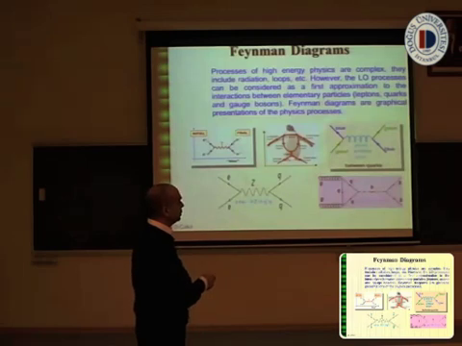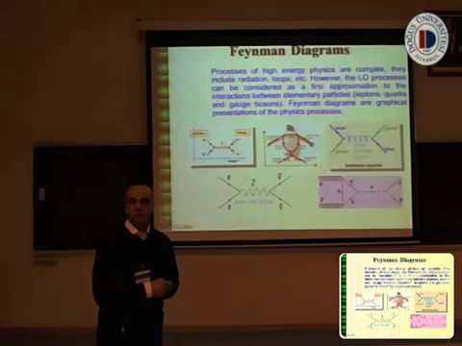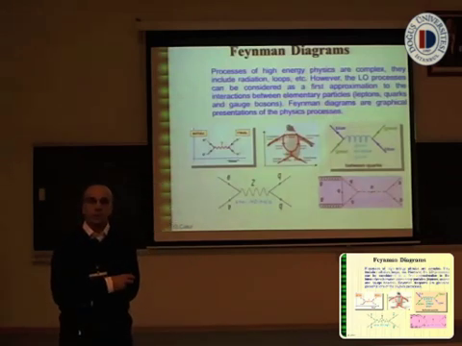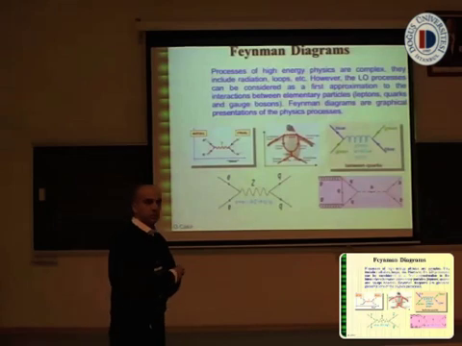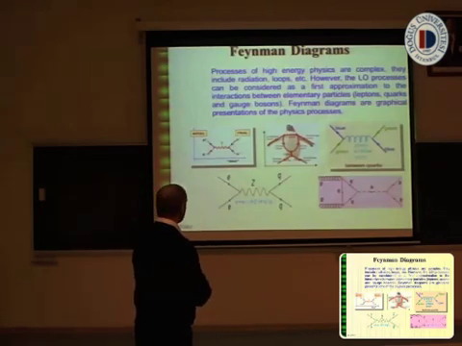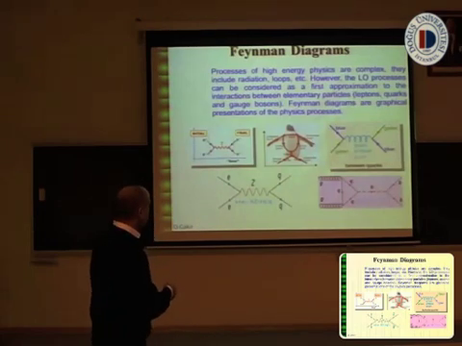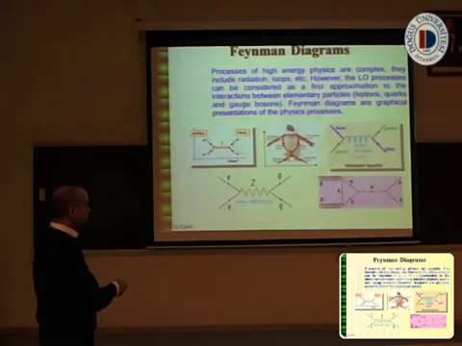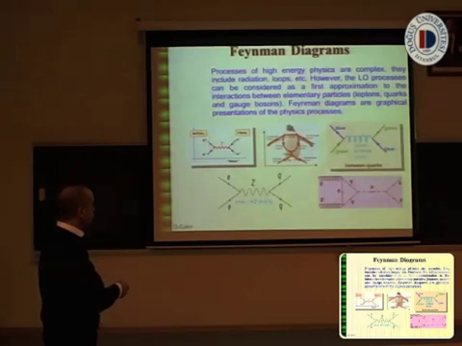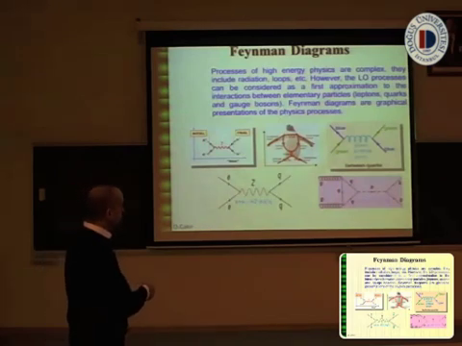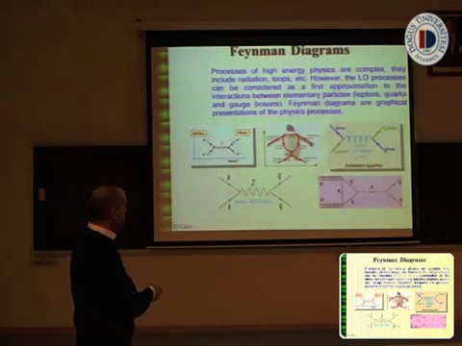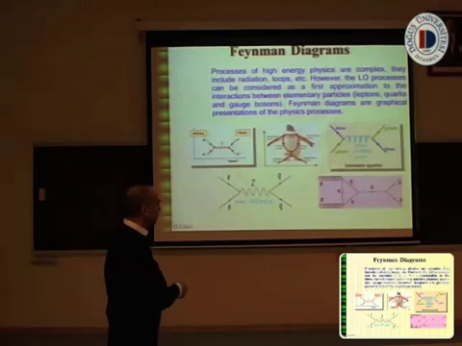So in the initial state we have a color state, and in the final state we also have the same color state. In this process, which is a neutral current weak process, electron and positron come, annihilate, a Z is exchanged here, and a q q-bar is produced.